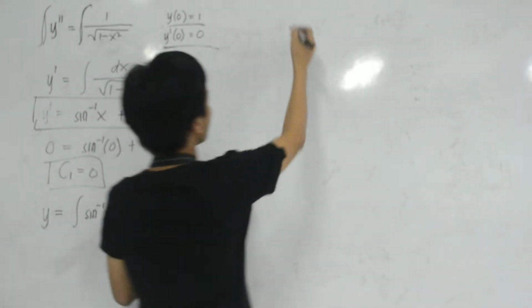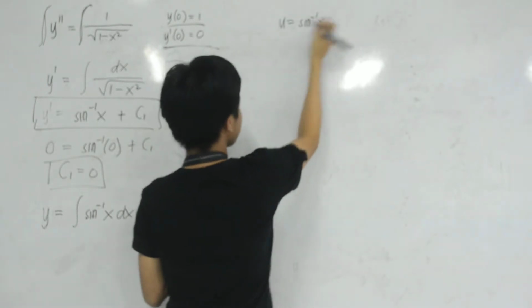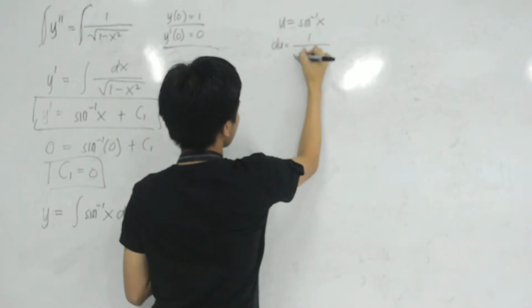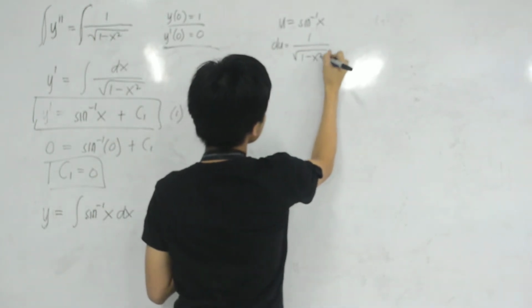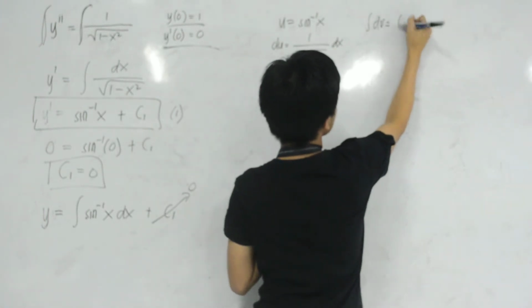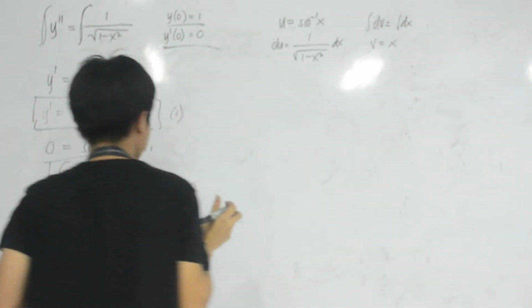So let u is equal to sine inverse of x, du is equal to 1 over square root of 1 minus x squared dx. Our dv is just equal to dx, so our v is equal to x.